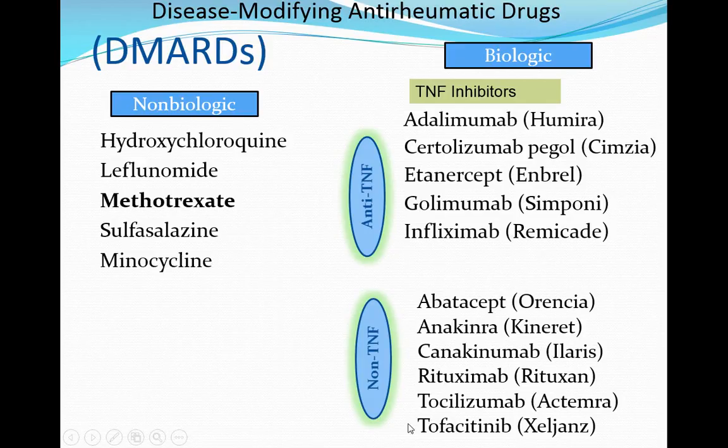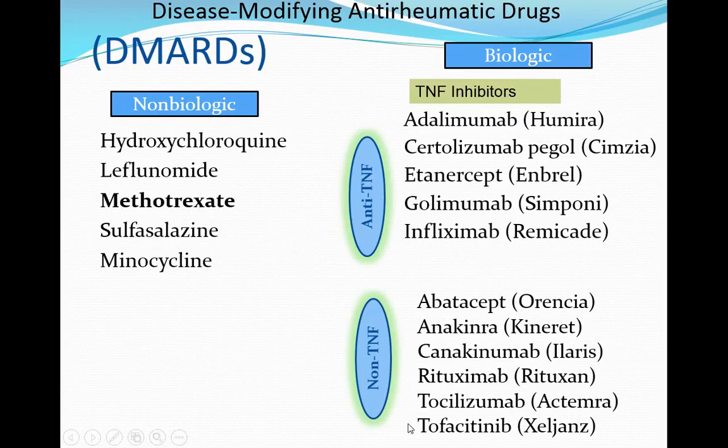So our first-line agents are going to either be a non-biological drug, primary agent methotrexate, although we can use any of them, the hydroxychloroquine, leflunomide, sulfasalazine are ranked above minocycline. Minocycline would be your last drug of choice.